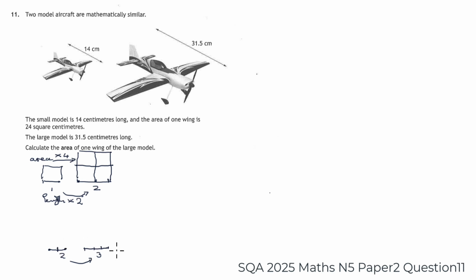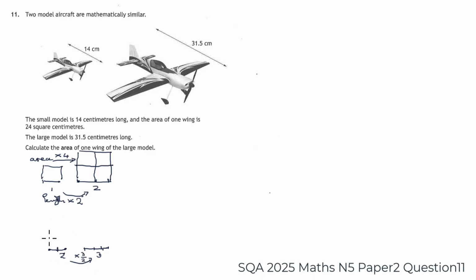That's another 1, that's 3. And you get your 1.5 by taking the larger number over the smaller number. If you're going from the smaller length to the larger length, your scale factor for length would be this larger 3 over the smaller length 2. So scale factor 1.5 for the lengths.